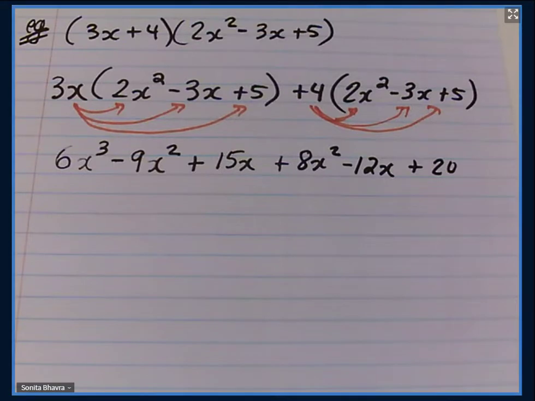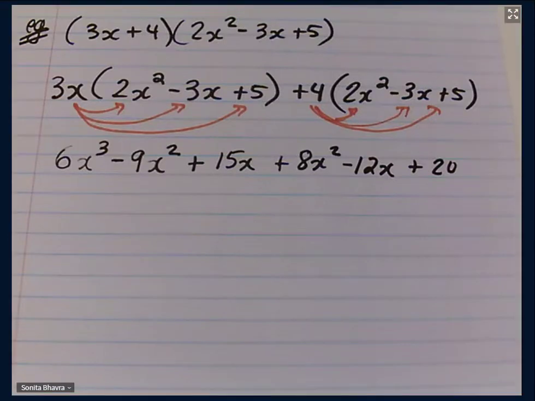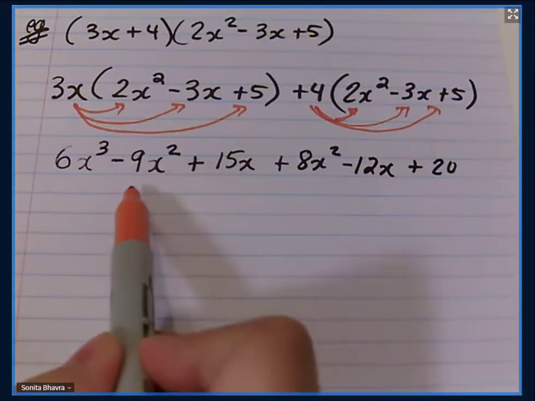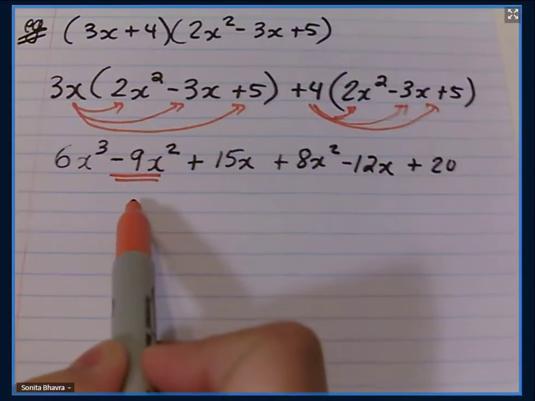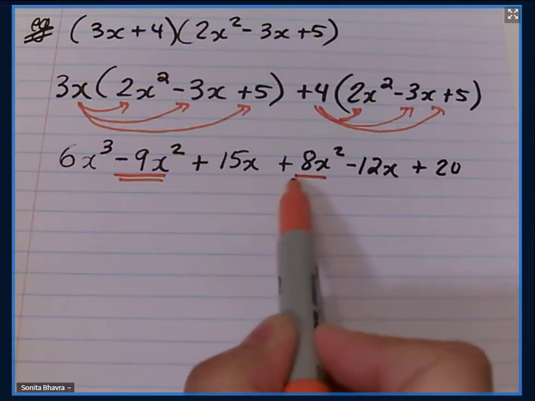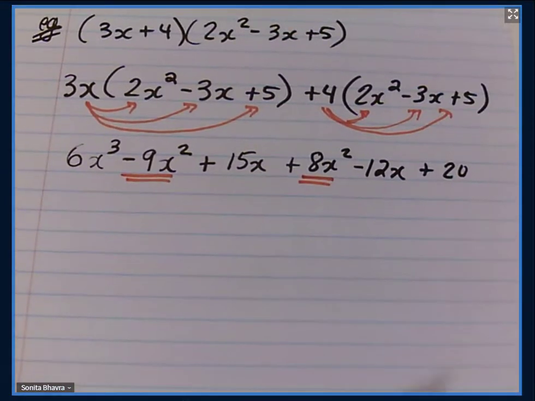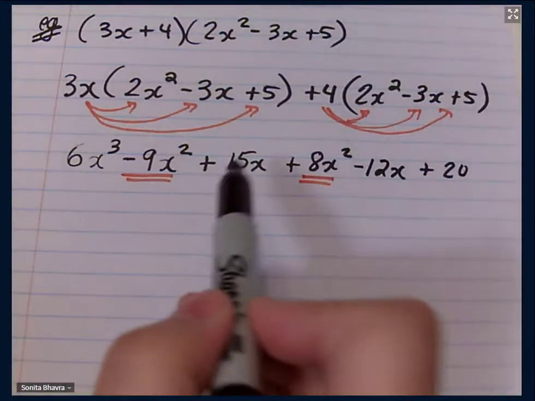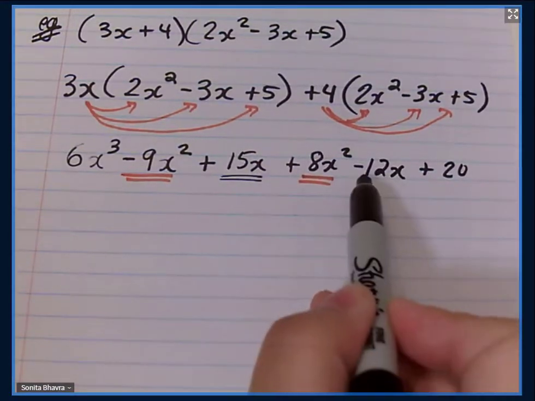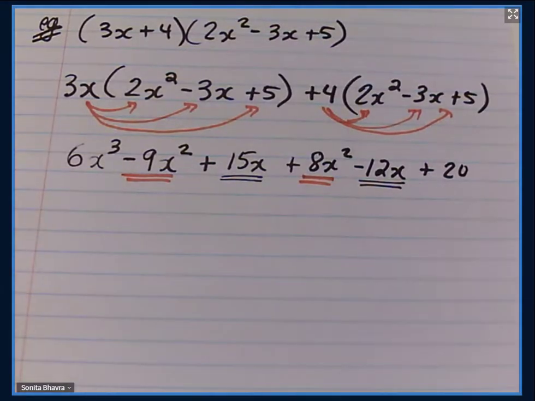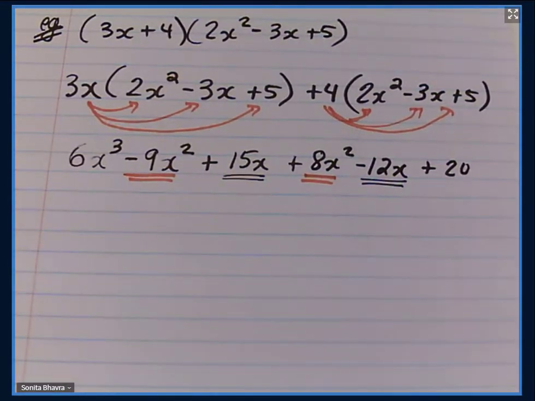All right, so now we would go ahead and collect any like terms. So I have negative 9x squared and a positive 8x squared. And I have 15x and negative 12x. So those are the ones I can collect together.